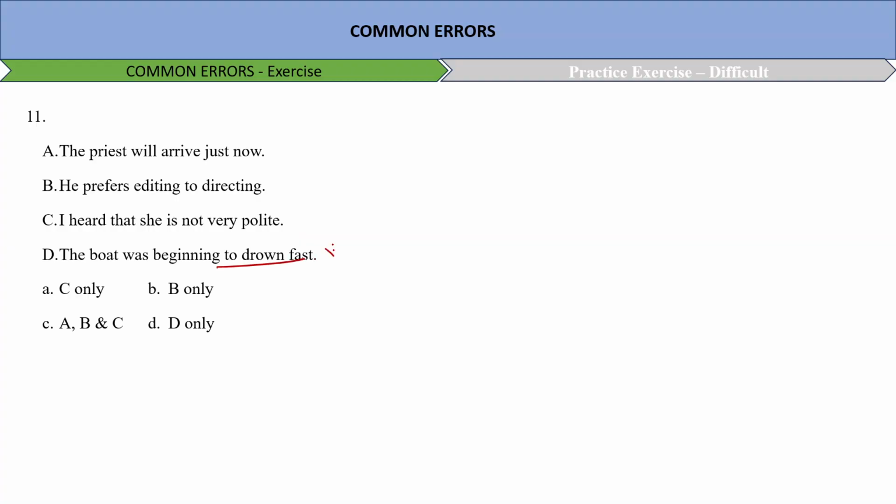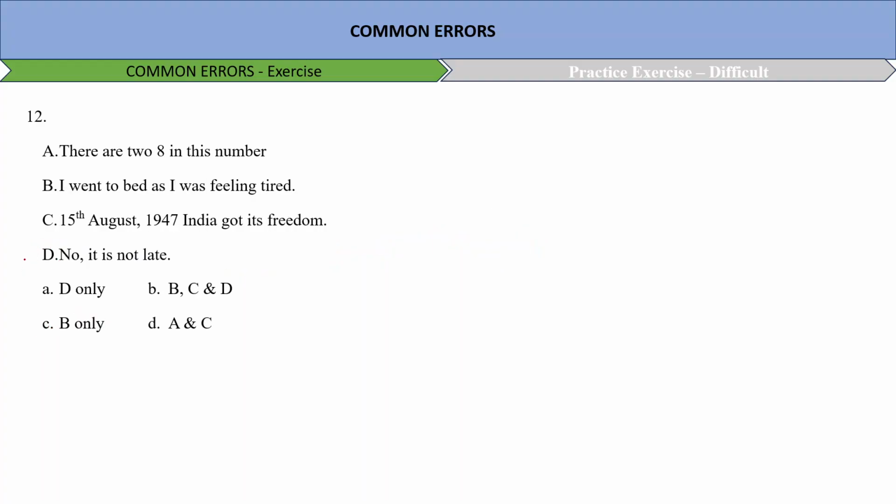The boat was beginning to drive fast, not drown. Okay. So option number C is the correct answer because only D is incorrect.